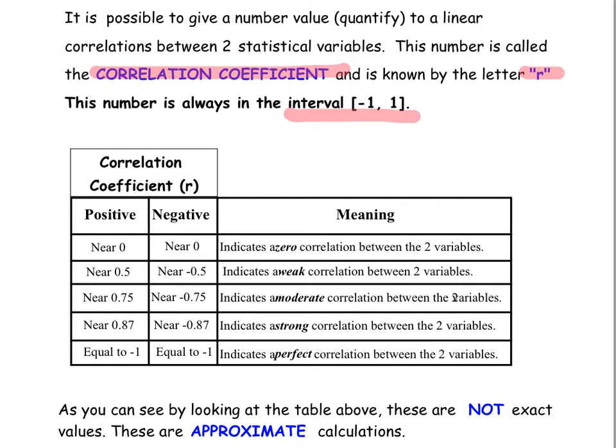So this should be equal to +1 or equal to -1, then we have a perfect correlation between the two variables. So basically, the closer we are to 1, the stronger the correlation. So let's write that down. Closer to 1 or -1, the stronger the correlation.